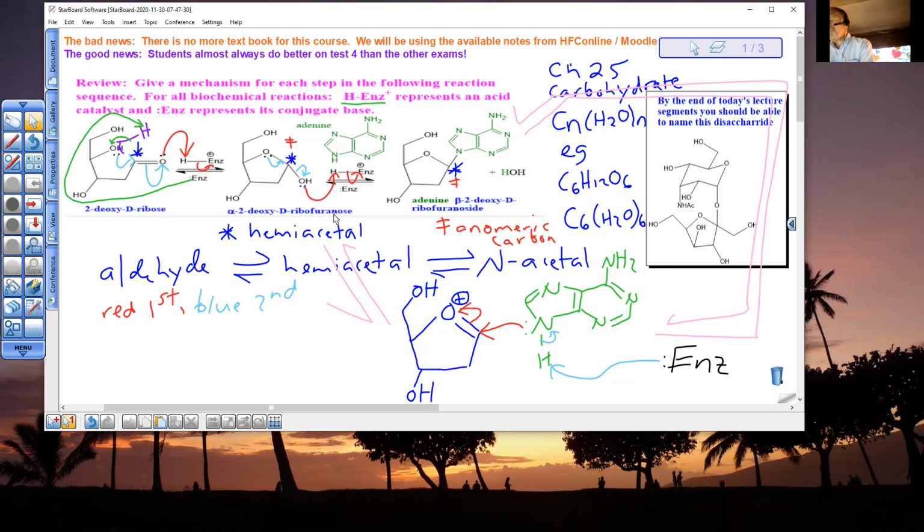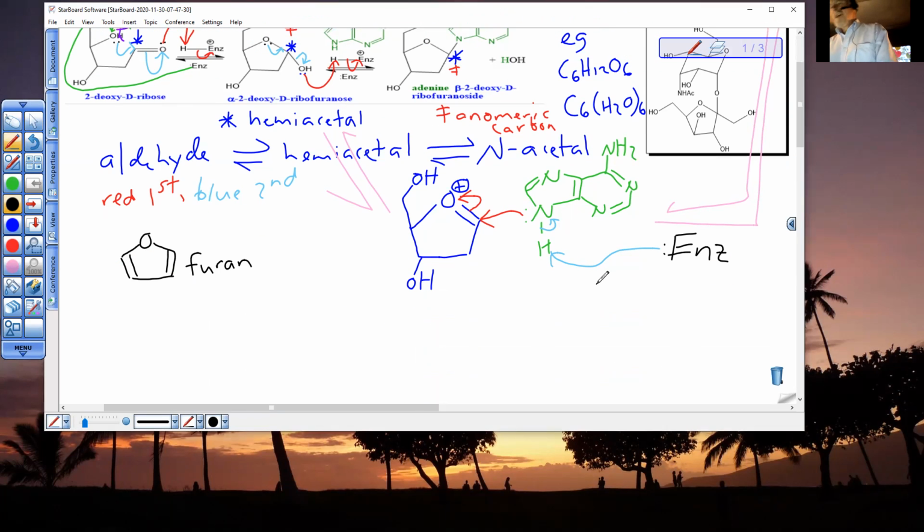Furan has a meaning based on this species right here named furan, which we studied earlier on our last test. Furan. And if a ring has that ring size, it's a furanose.